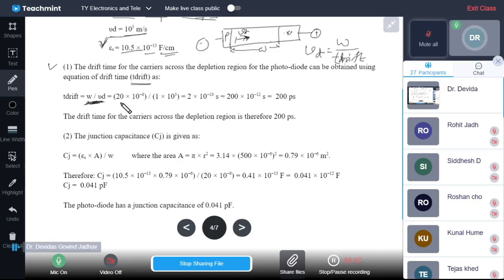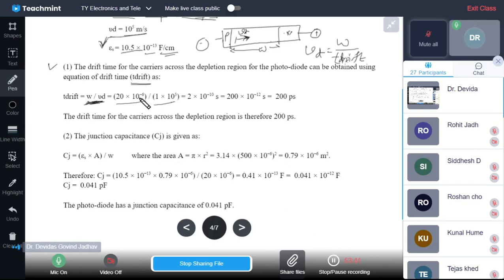So substitute W as 20 × 10 raised to minus 6, and Vd as 10 raised to 5 meters per second. So 20 × 10 raised to minus 6 divided by 10 raised to 5. The 10 raised to 5 in the denominator goes into the numerator and becomes 10 raised to minus 5.